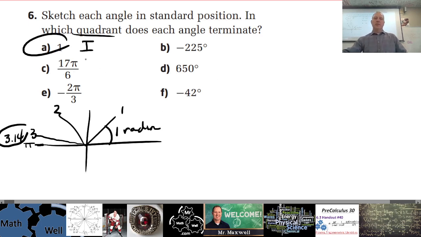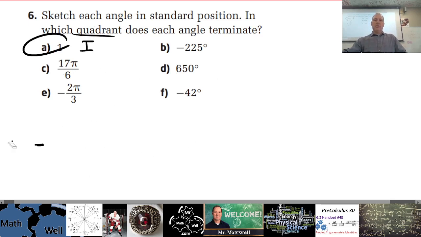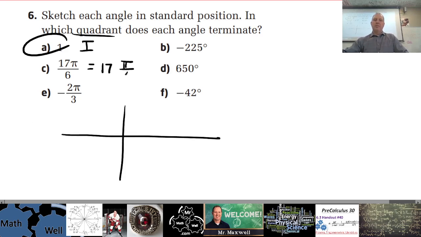Now let's go to C, because it's these ones that are going to be the tricky ones, okay? Watching closely. Now this is 17 pi over 6. That's going to be the easier way to do this, so watch carefully. Pi over 6 is right about here, that's 30 degrees.